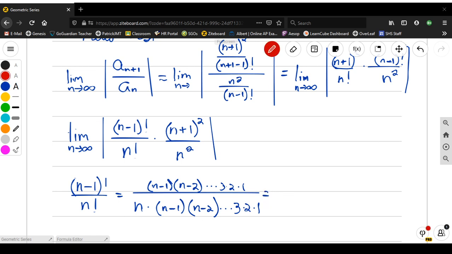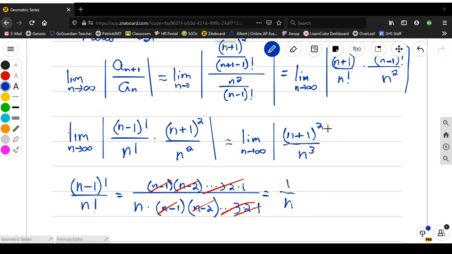Obviously, with everything that crosses out here, the n minus 1s, everything disappearing, this is just going to be equal to 1 over n. So we get a limit as n goes to infinity of n plus 1 squared, all over, now this is going to be 1 over n times n squared, so this is n cubed.